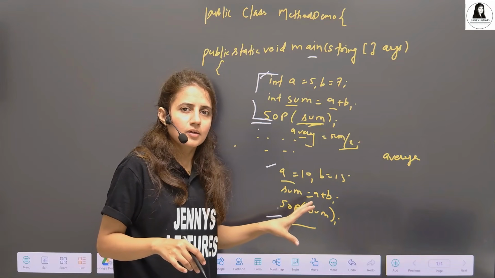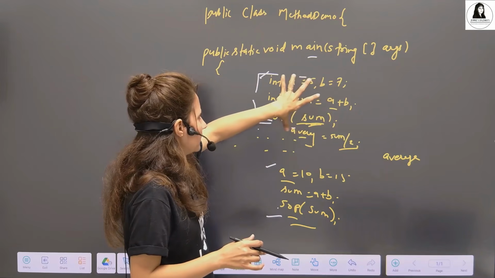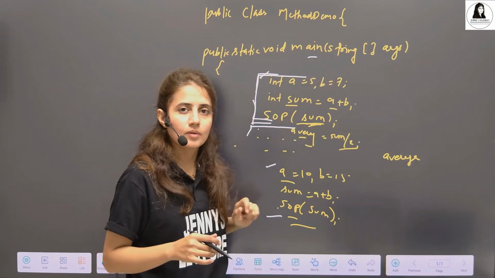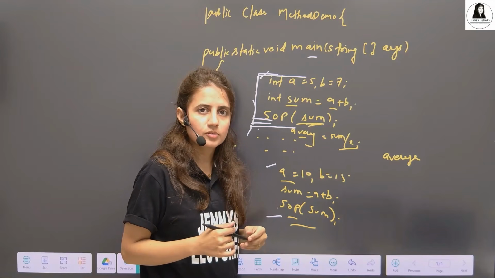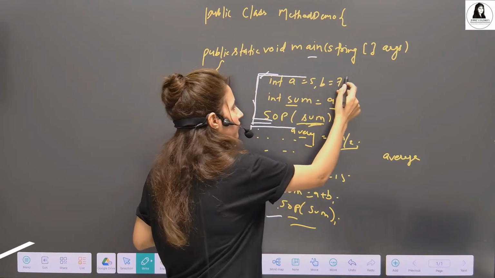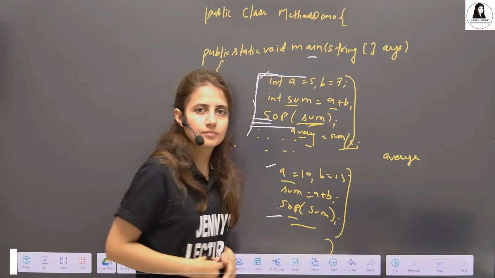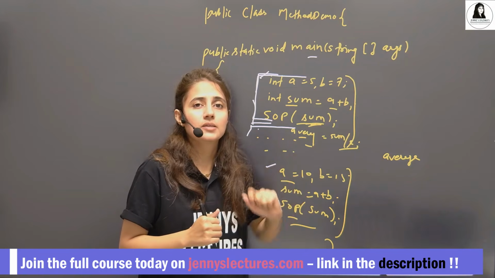Okay. Now one thing we can do: can we just separate out this thing, and whenever you want to find out the sum of two numbers, you just call that thing rather than writing these lines again and again? Can we do this? This we can do with the help of methods.